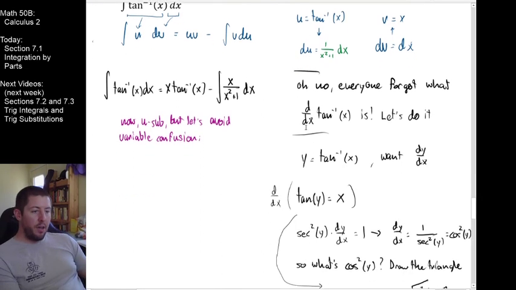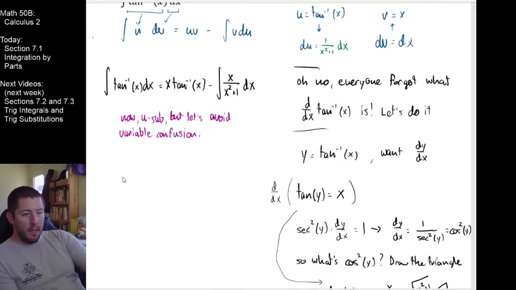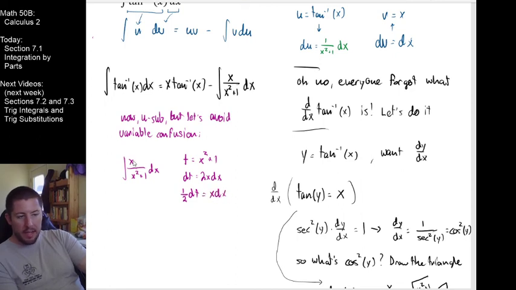So what I think I want to do here is say that the integral of x over x squared plus 1 dx, I want to do something like t equals x squared plus 1, dt equals 2x dx. And I don't have a 2, so I'll shift that over to be on the dt side of things. I do have an x times dx, so that'll be an appropriate thing to do here.